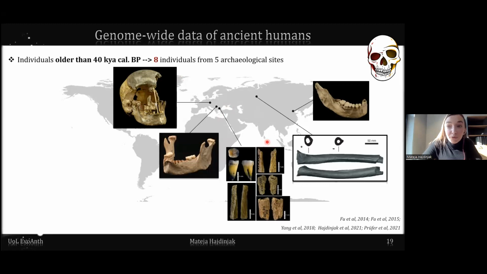But what I will be focusing on for a part of this talk are the individuals which have been directly radiocarbon dated to around 45,000 years before present from the site of Bacho Kiro cave in Bulgaria, and which have been directly associated with the initial Upper Paleolithic archaeological assemblage.